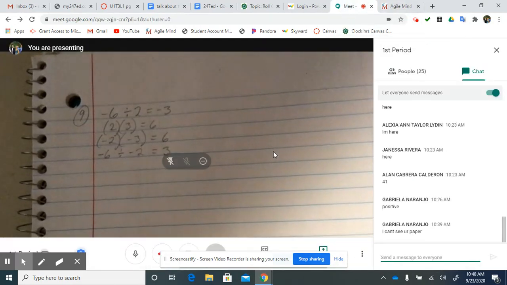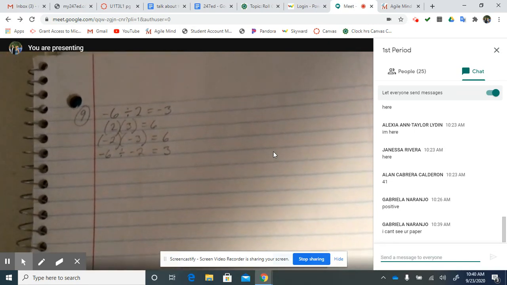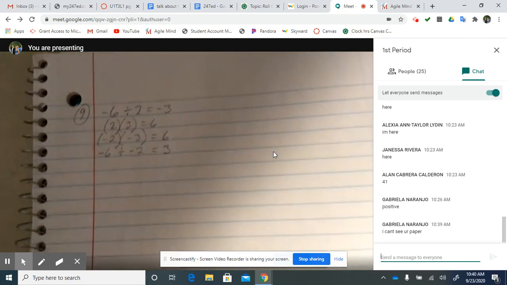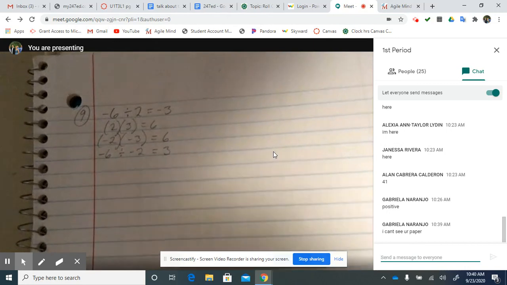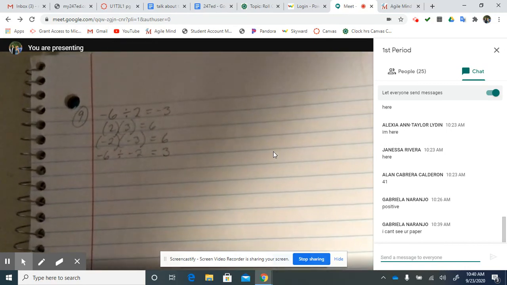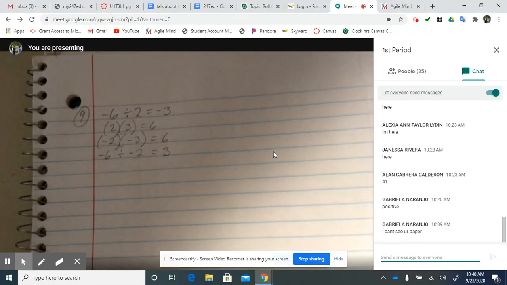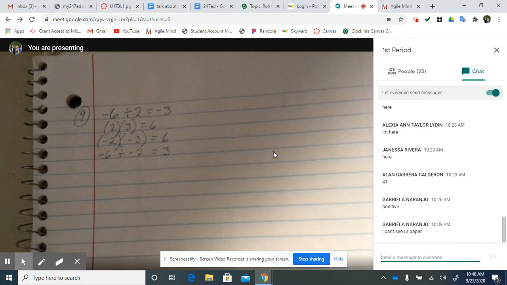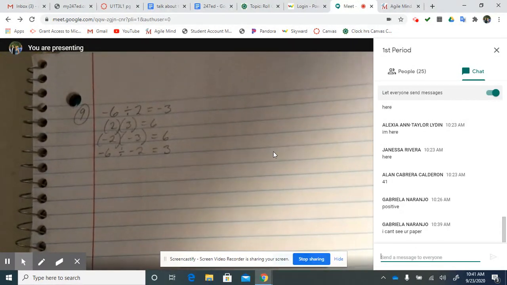Yeah, if you have both your phone and your computer going, you have to turn the volume down on one of them in order to not get the echo. Oh, I was on the other screen just telling you what to write down.